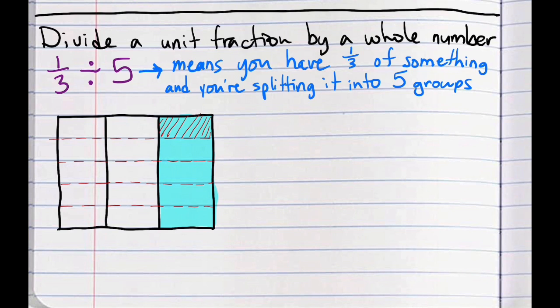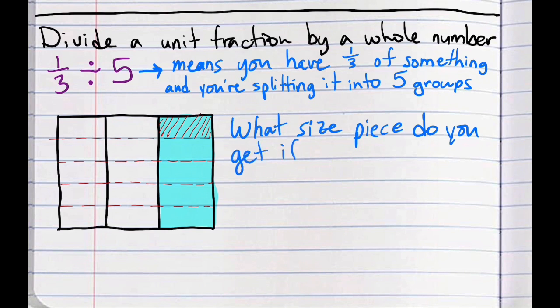All right, so then let's think about what this really means. What I'm really trying to figure out is if I had 1/3 of something and I split it into 5 pieces, what size would each piece be? Basically, what size piece do you get?